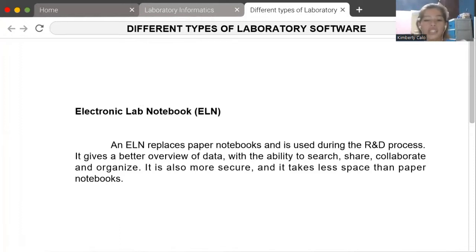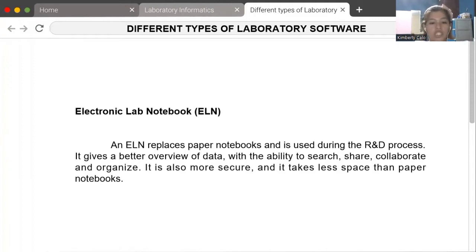So here in the ELN, it is a digital copy of your paper lab notebook or PLN. The goal of the ELN is to make research tasks easier like data collection, collaboration, and communication and even analysis. Because of that, it helps scientists to be more efficient.